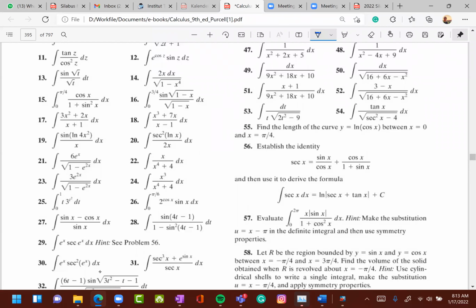Let's do one more thing. Can you see directly here? Problem 26. What supposedly do you choose for u? Let's do this one.